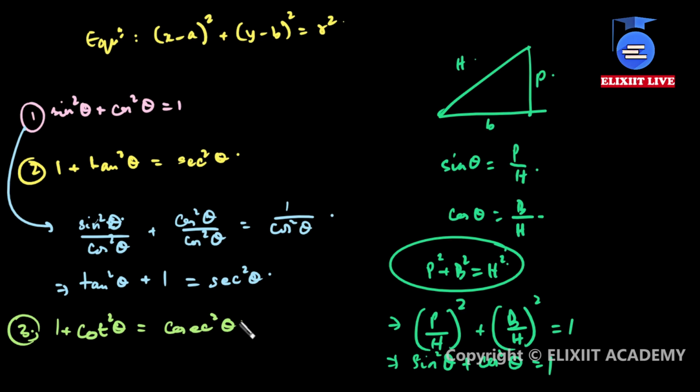These are the things which you must be remembering in order to prove certain identities. So 1 plus cot square theta is cosec square theta, 1 plus tan square theta is sec square theta, and sin square theta plus cos square theta is equal to 1. All of you must be knowing this particular identity.